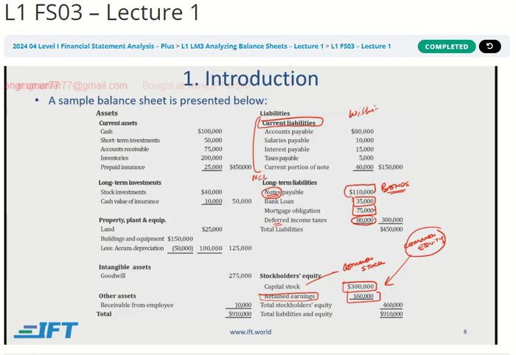Current means within 1 year or within one operating cycle, which usually is within 1 year for most companies, unless you're like Boeing or some ship manufacturing company, where the ships for the sea take more than 1 year to manufacture and sell. So usually companies' operating cycles are less than 1 year. So current liabilities are those that need to be paid within 1 year, and non-current are those which need to be paid after more than 1 year.